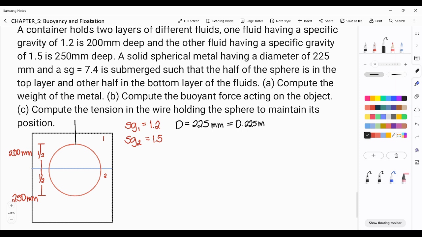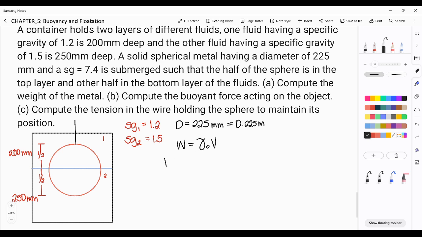Okay. So, unahin natin yung letter A. Let's compute for the weight of the metal. We know that the formula for the weight of the spherical metal in this case is, di ba, gamma of our object times the volume.